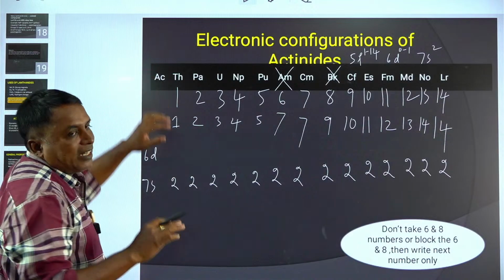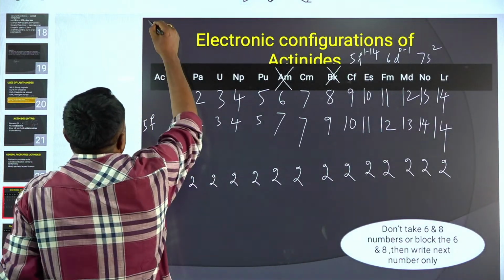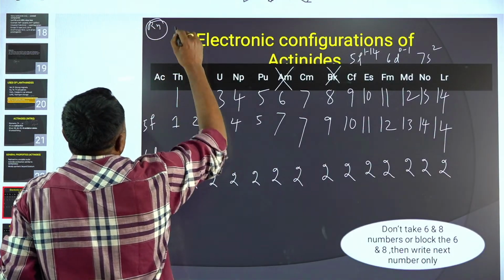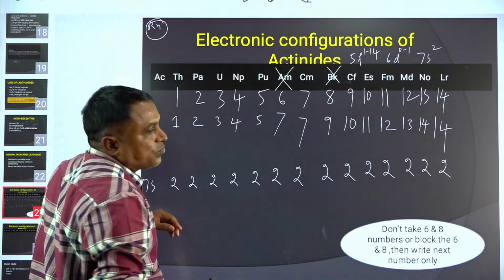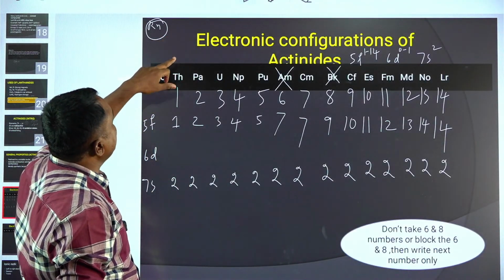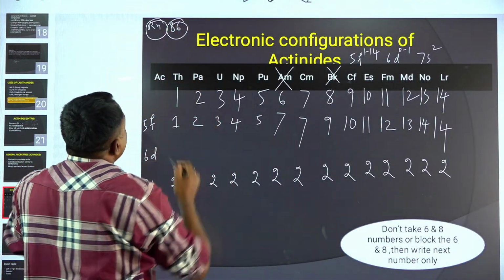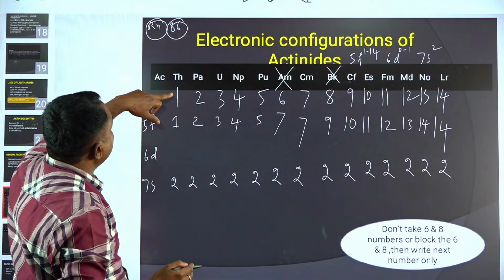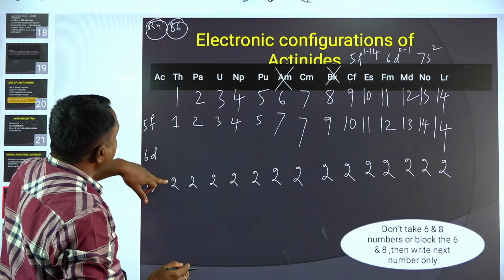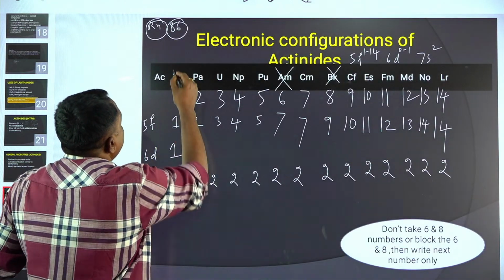So what is the nearest noble gas? It is radon. Radon is the nearest noble gas: 2, 8, 18, 36, 54, 86. So 86 is the atomic number of radon. 86 plus 1 is 87, 87 plus 2 is 89, but this is 1 because thorium is 90.